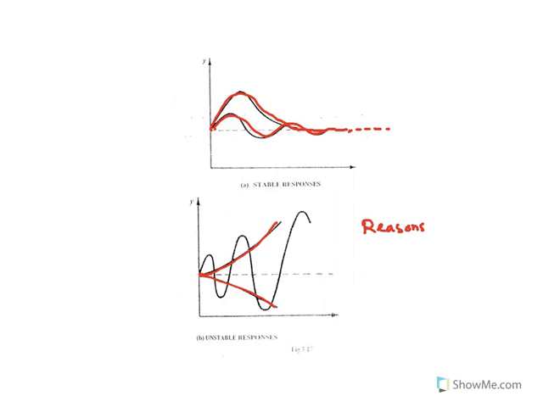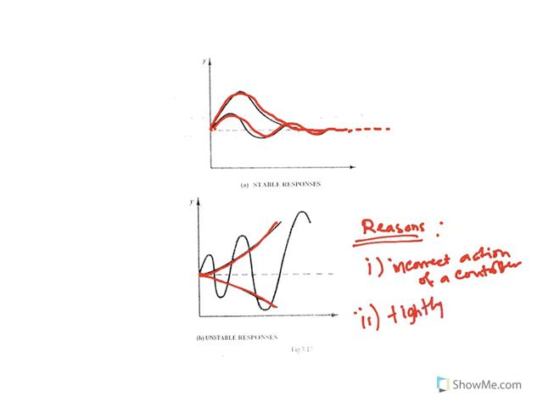The instability of the system could be due to many reasons. One could be incorrect action of a controller, or it is tightly tuned.